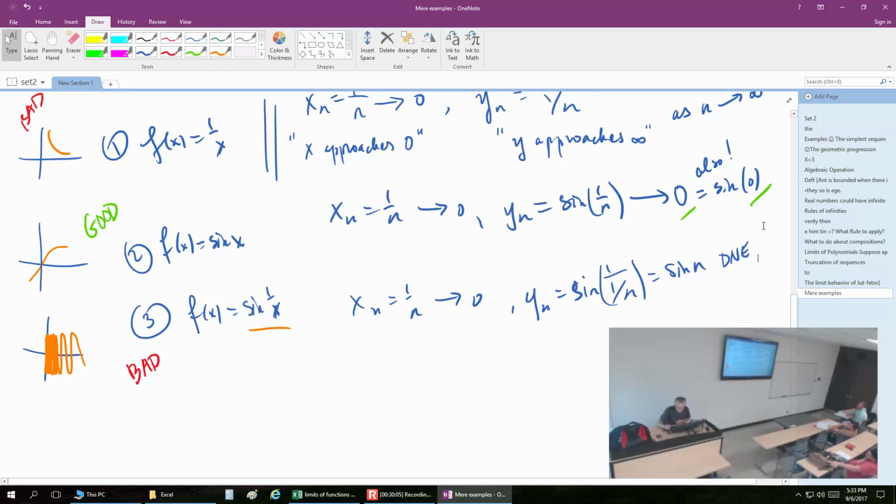From this example, the definition of the limit of a function becomes fairly clear.